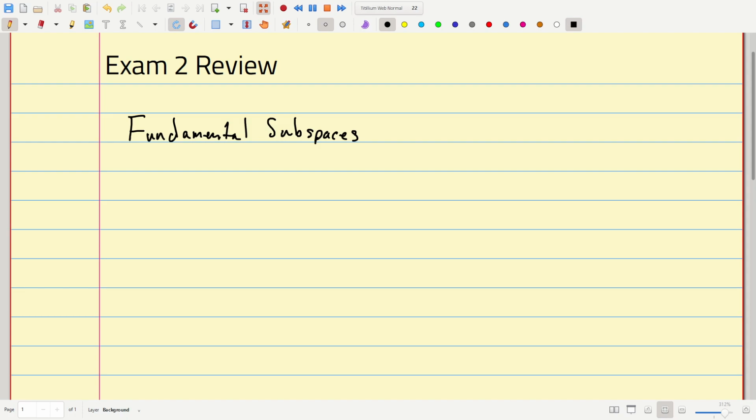Both pieces of information are immediately available. One by identifying the pivot columns, the other by just taking the rows that you have from reduced row echelon form. Is that good? Okay. Is there another question?